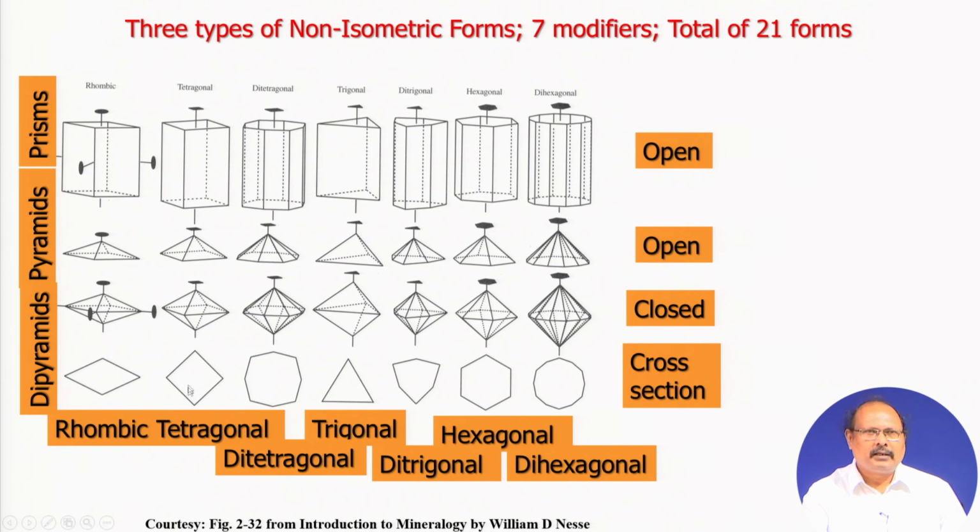In case of this one here, this edge now is subdivided into one edge here and another edge here. So, for each of these faces, this is now subdivided, 2 into 4, a total of 8 faces here in case of a ditetragonal system. So, that is why you call it a ditetragonal type here.